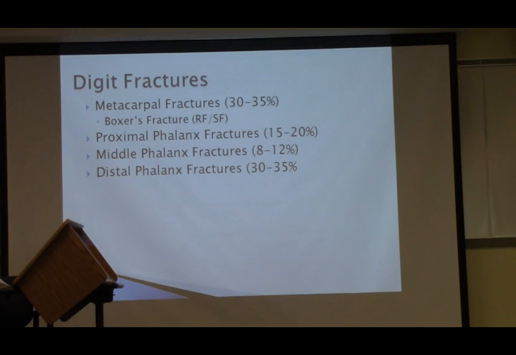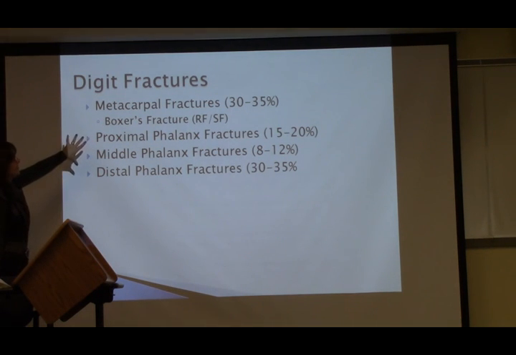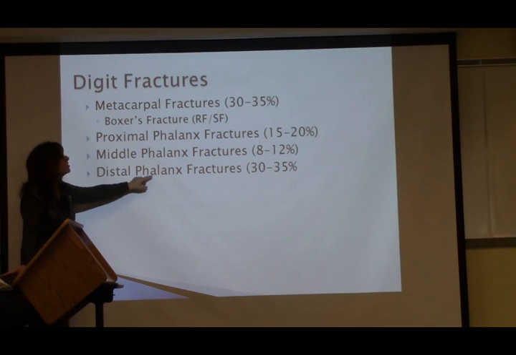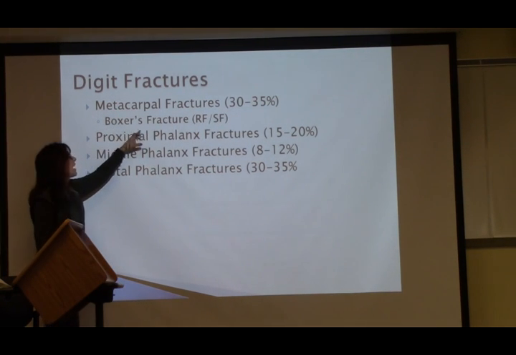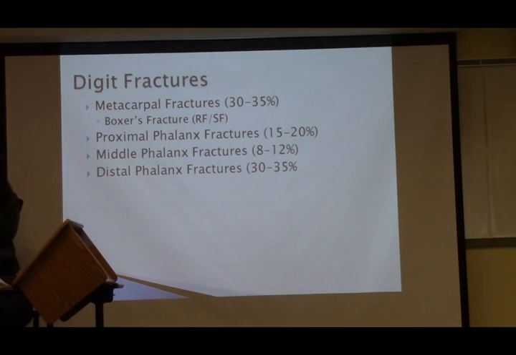Okay, so in looking at digit fractures, these are the occurrence of fractures. You can see most commonly distal phalanx fractures, and then also metacarpal fractures. If you fracture the ring and small finger metacarpal, that's called a boxer's fracture, because it most commonly occurs from a punch.